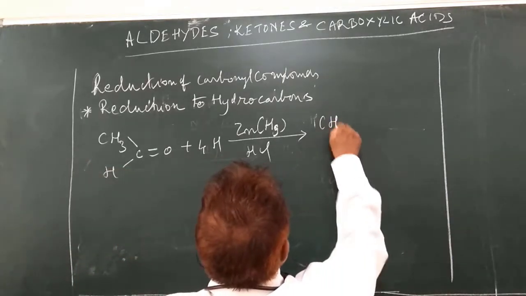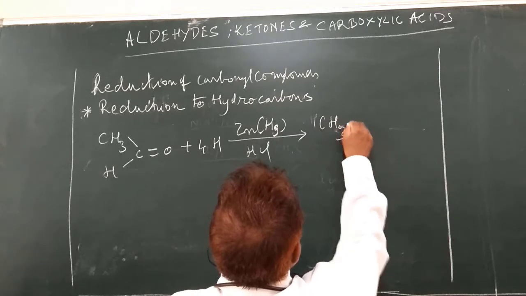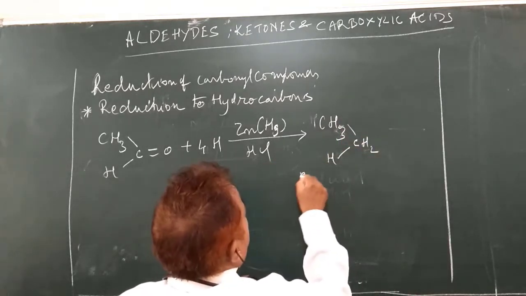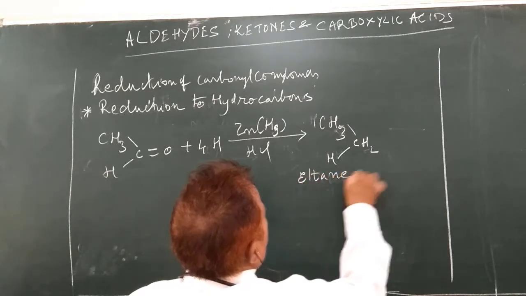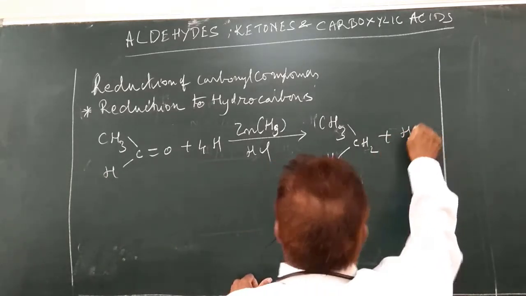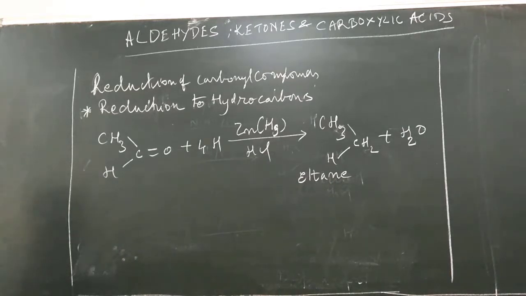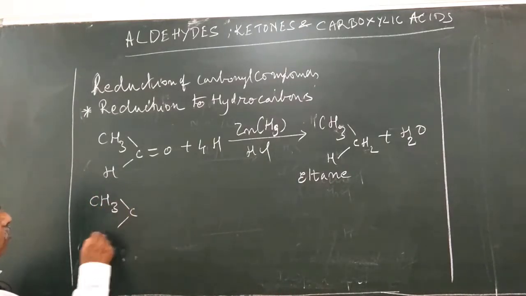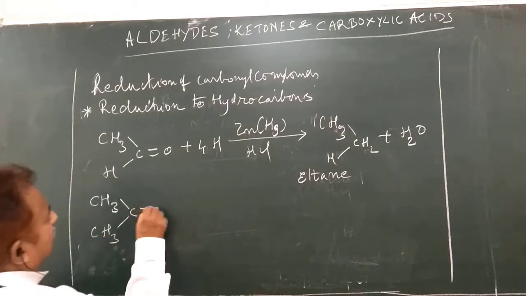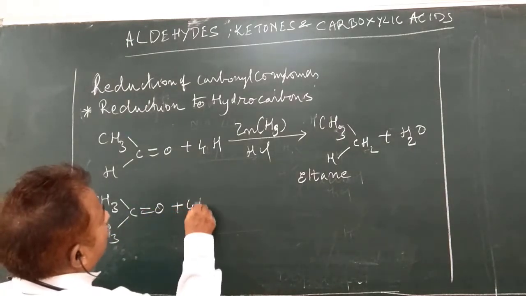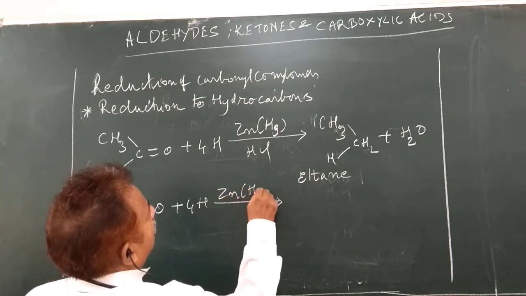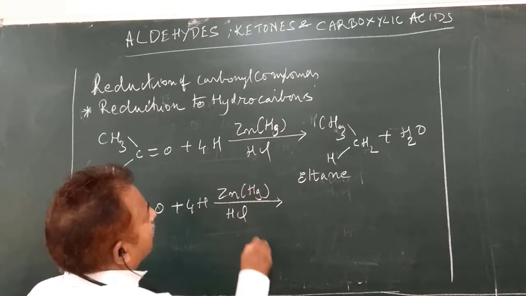Therefore we get CH3CH3. What is this substance? This is nothing but ethane plus water. Similarly, if we take acetone, we get 4 hydrogens, and of course these nascent hydrogens are obtained from zinc amalgam and HCl.